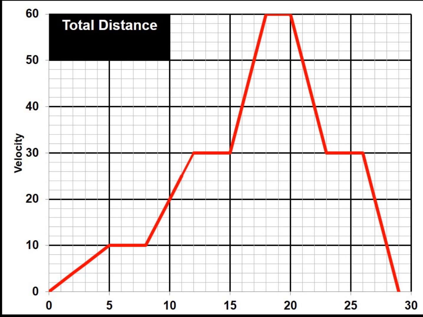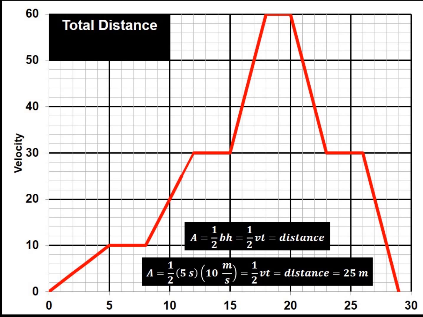The base is time, the height is velocity, velocity times time is distance. So right here, it would be 1/2 of 5 times 10, which is 25. So the first segment would be 25 meters, right?